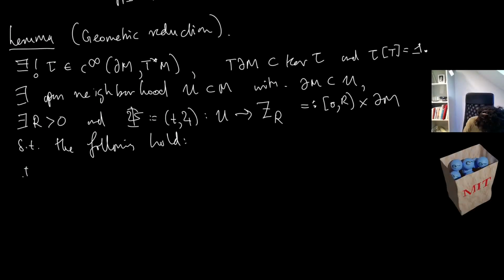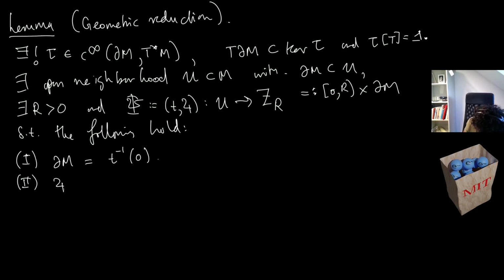So the first point is that the boundary is obtained as t inverse of 0. Second point is that this map psi restricted to the boundary is equal to just the identity map on the boundary.